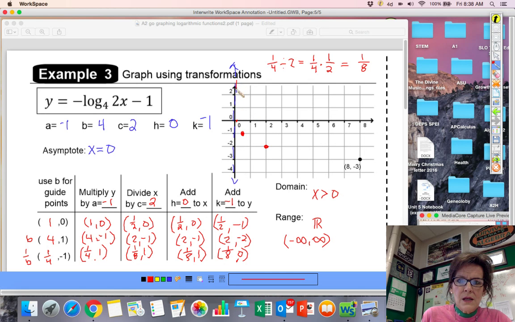Let's come down here, snug right up against that y-axis, and then start to curve. And we'll come around like this, and a little bit further to this last guide point. And there is our curve.